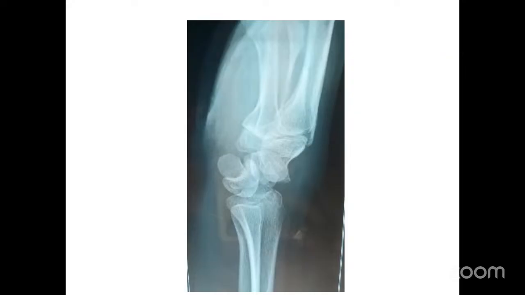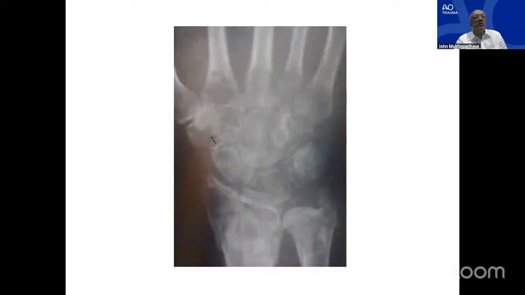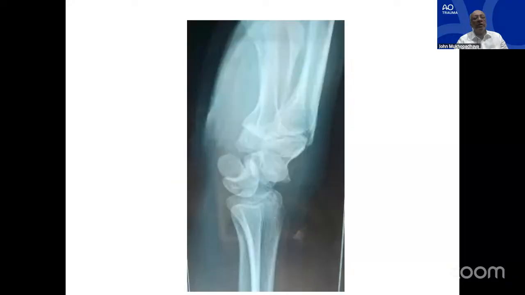Any dislocation is an emergency. Yes. Okay. Very good. So what is the other important thing that you need to see in these X-rays? One is the dislocation, the other is there's usually a fracture with it. Okay, where is the fracture?